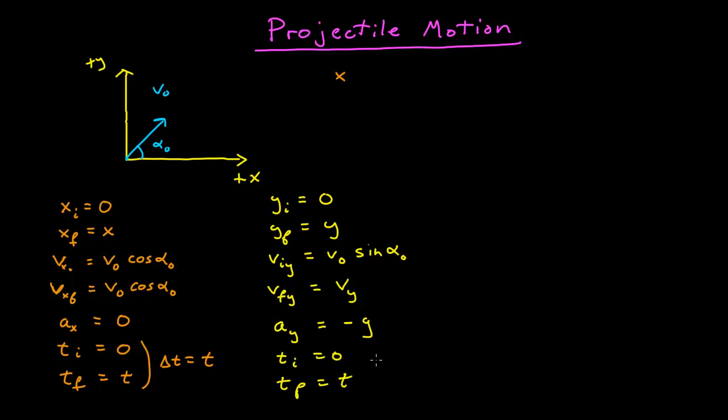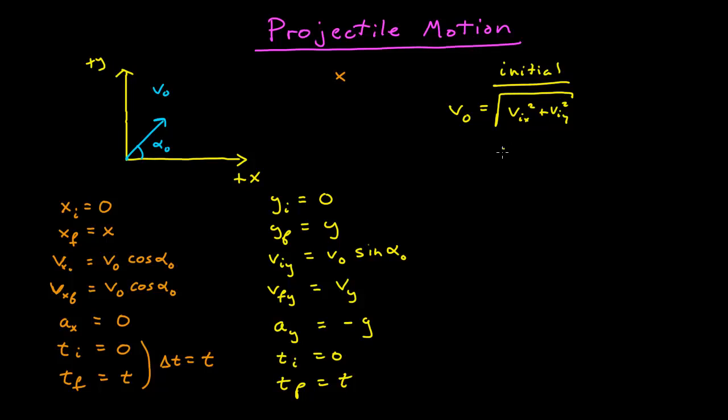What else can we say about this system? Initially, we can link our speed to the initial x and initial y components. That's given by the trig, how we've defined it.